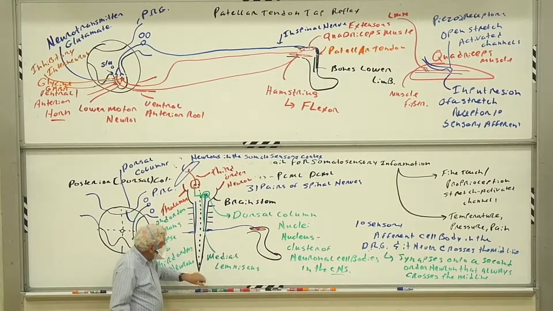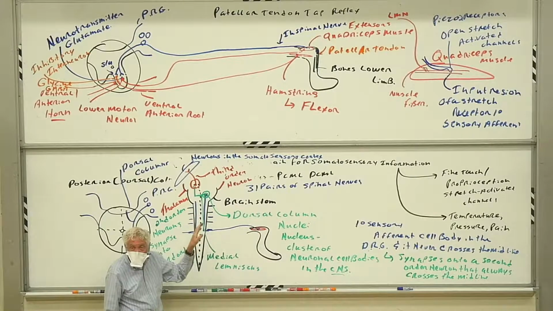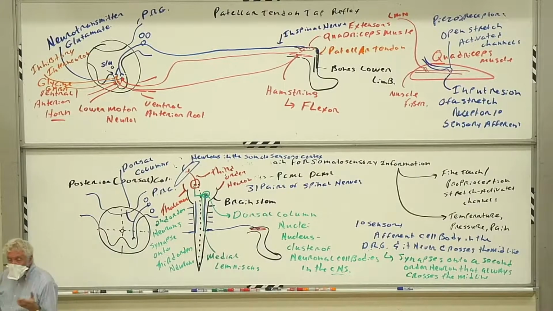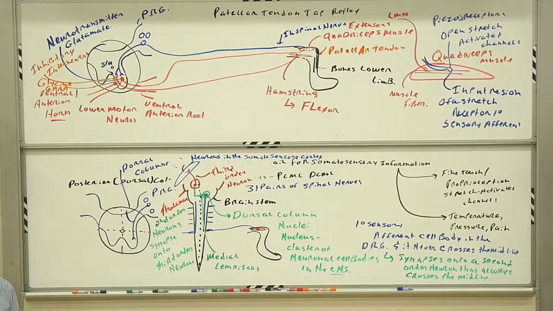So let me spend a minute here talking about what proprioception is, because it's really an important sense. Most don't recognize it in our everyday lives. But proprioception, because we're constantly monitoring the amount of stretch in all of our muscles and all our tendons, tells us where our body is in space. This is the reason you can close your eyes, bring your hand around, and touch your nose.